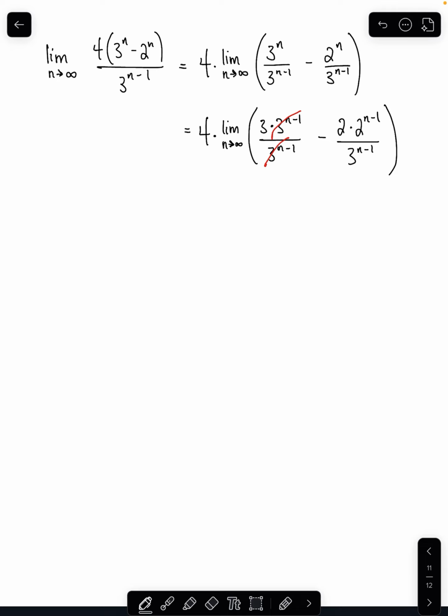Now, while we don't get any canceling like we did in the first term, since the n minus 1 exponents are the same in the top and bottom, we can rewrite that term as well. So we now have our 4 out in front. We have the limit as n approaches infinity of 3 minus 2 times 2/3 to the n minus 1.